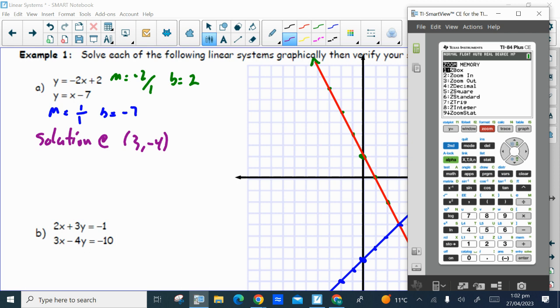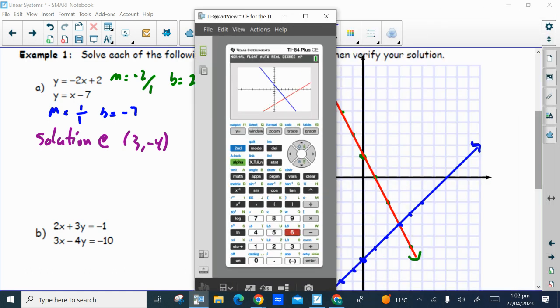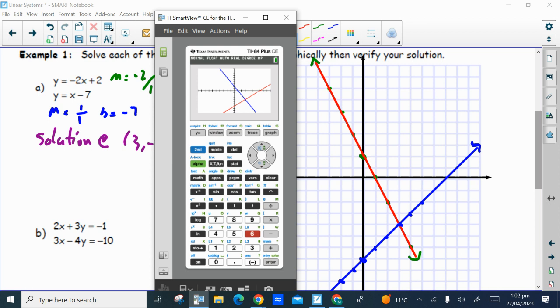So when I hit 6, it sets my window between -10 and +10 on the x and y axes, and it draws both lines, which look fairly similar to the ones that we have drawn on the page.